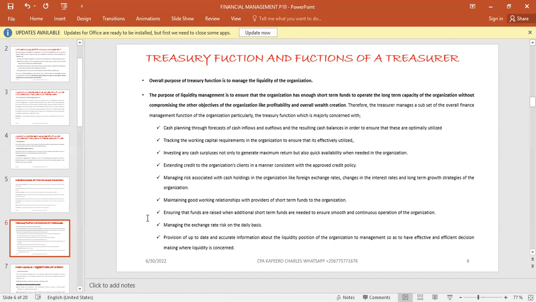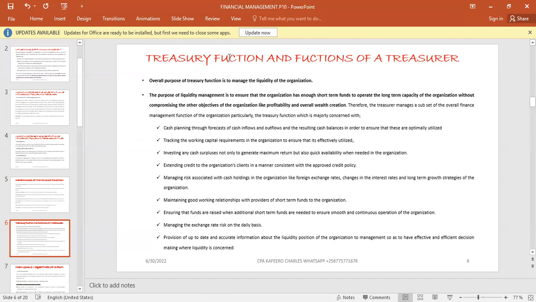If you know that, then we can make decisions, let's say to invest or to add more stock of those short-term assets as we need them. That's all we are looking at in the treasury function.